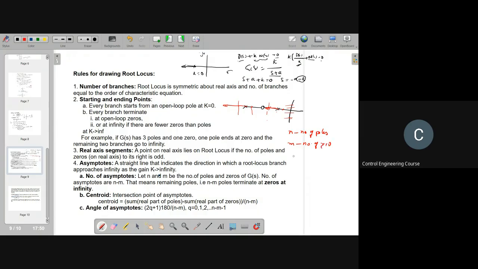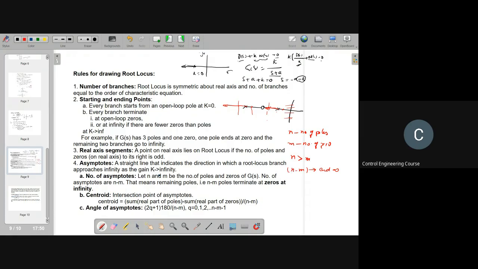If n is greater than m, then the remaining n minus m poles will end at infinity, right? So that means they should have some direction in which that branch goes towards the end. That is called the asymptote.